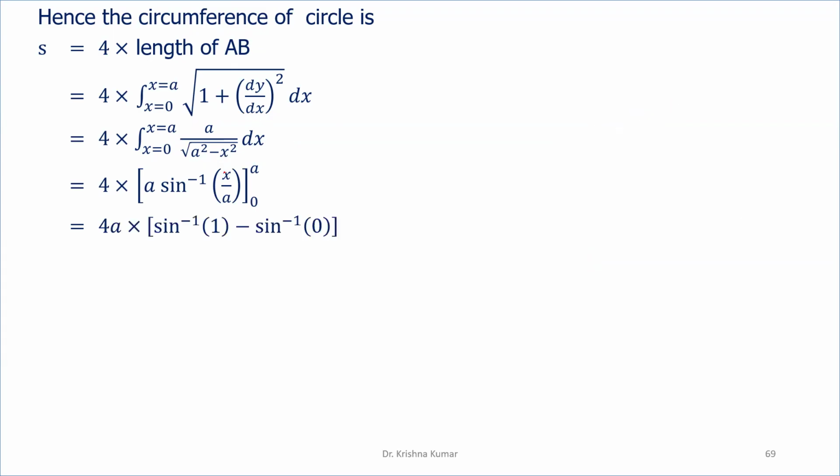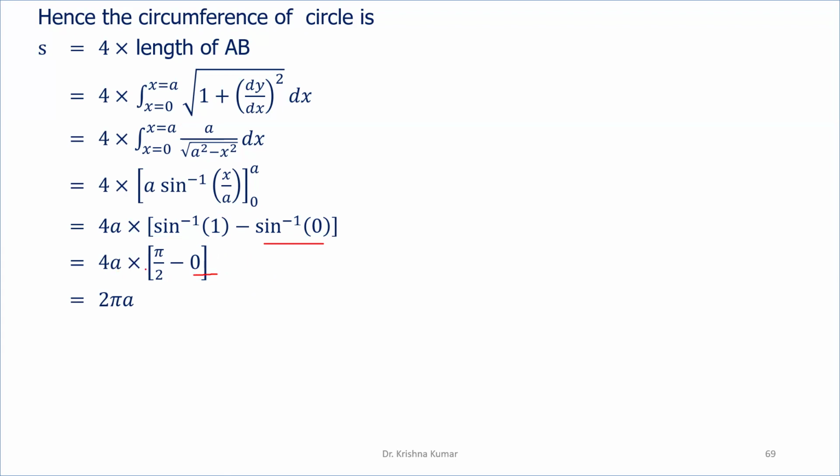Now if you put the upper limit a, a by a is 1. And this a multiplied by 4 becomes 4a, times sine inverse of 1. If we take the lower limit x equal to 0, it becomes sine inverse of 0. We know that sine inverse of 1 is pi by 2, and sine inverse of 0 is equal to 0.